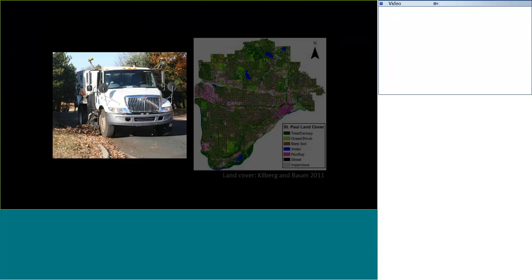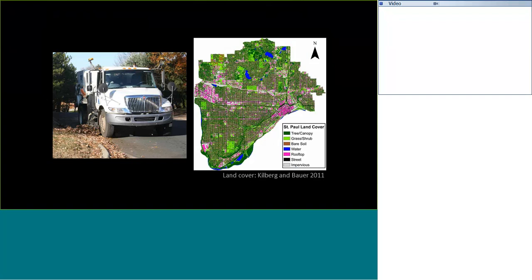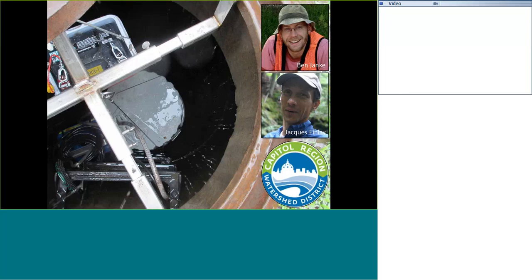Then we mapped that onto a high-resolution tree canopy cover map produced at the University of Minnesota for the Capital Region subwatersheds, where they have annual loading data. We could then compare our estimates of litter fall into the street with annual nutrient export from these subwatersheds. This was done in partnership with Capital Region Watershed District and with Jacques Finlay, my collaborator at the University of Minnesota, and Ben Janke, who's a postdoc working with us.